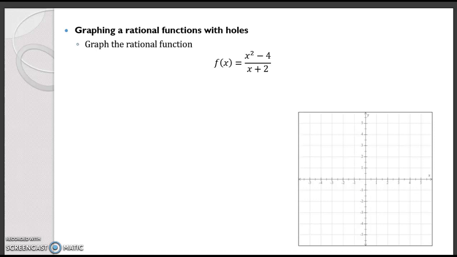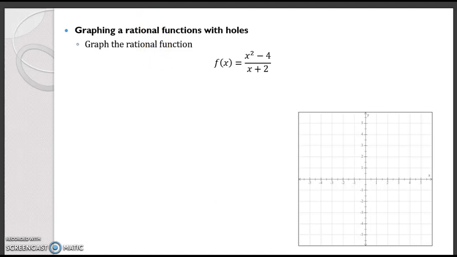Hey everybody, in this video we'll talk about graphing rational functions with holes. So let's say we're given this rational function. In my video on graphing constant over linear rational functions, I talk about the 7-8 steps of graphing a rational function.